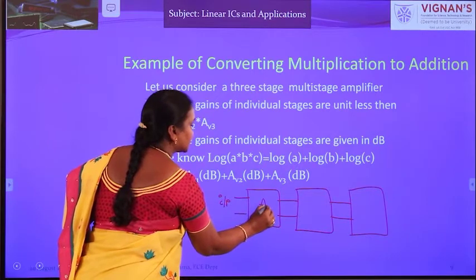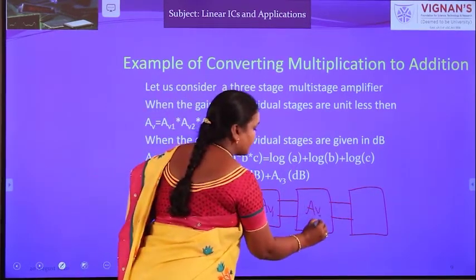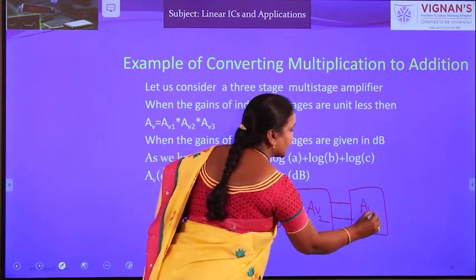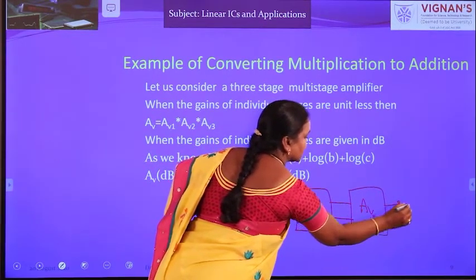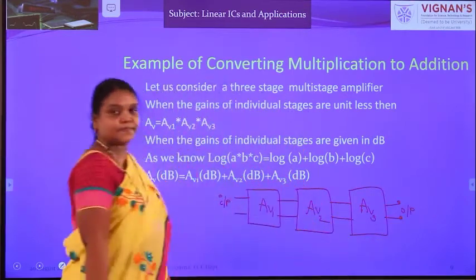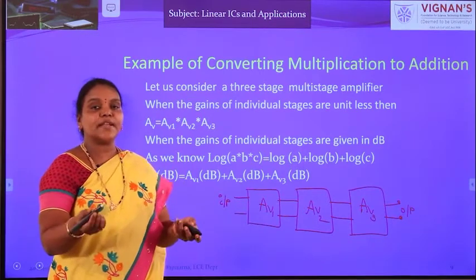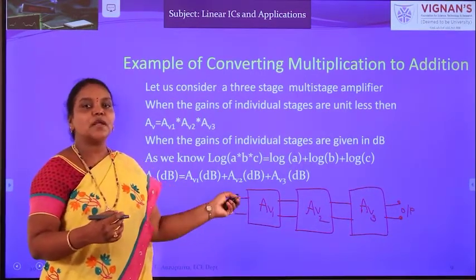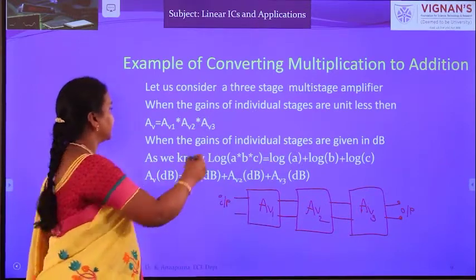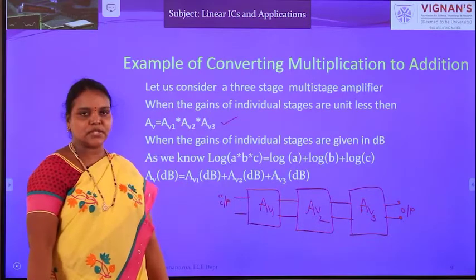So the gain of the first amplifier we are assuming AV1, second amplifier AV2, third amplifier AV3, and this is your output. Now in a multi-stage amplifier, if the gain is given as unitless gain, that is just the V0 by Vi ratio, then how do you get the overall gain? This is the formula, product of all individual gains.